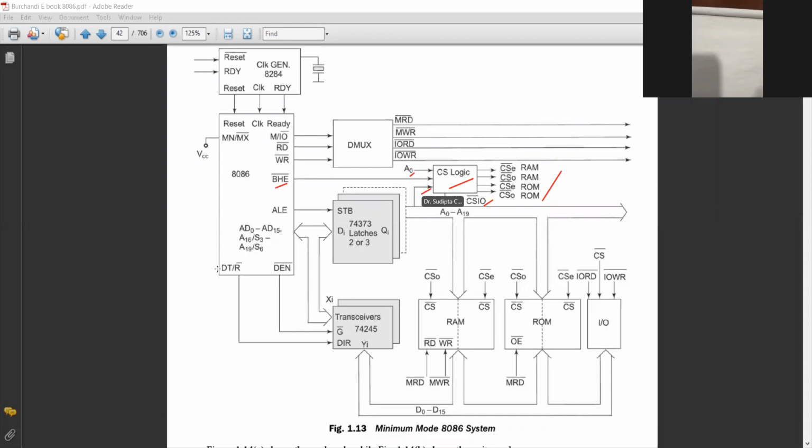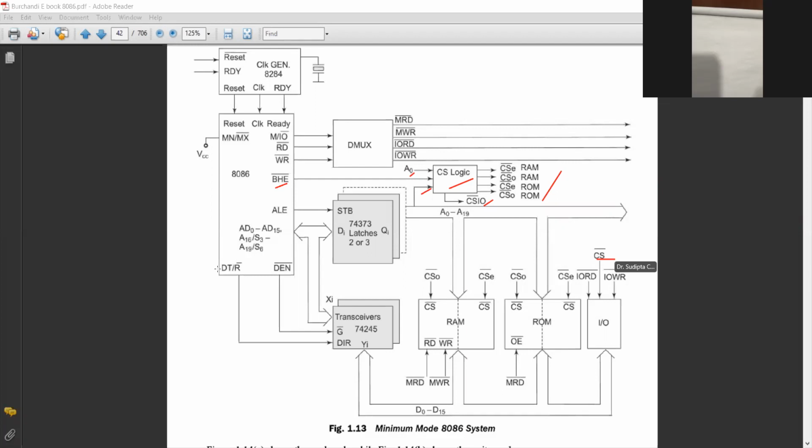Some portions of the address bus means those that are not connected to RAM or ROM directly. The rest of the address lines are connected with the CS logic, right? And from that you can generate CSE RAM, CSO RAM, CSE ROM, CSO ROM, and CSIO, which means chip select input output.